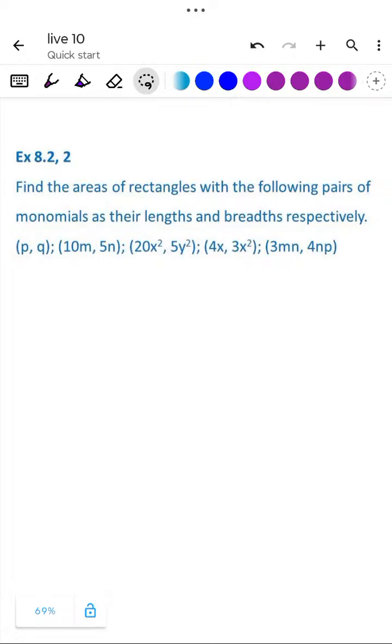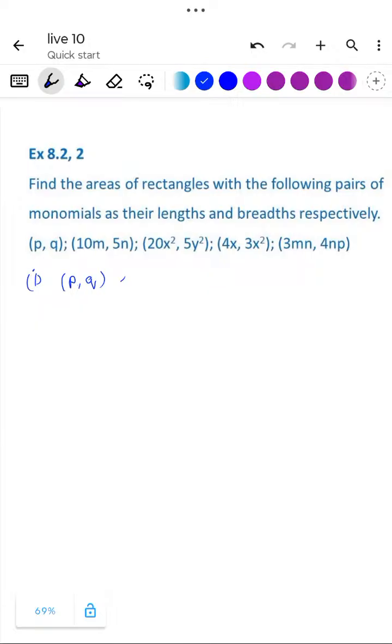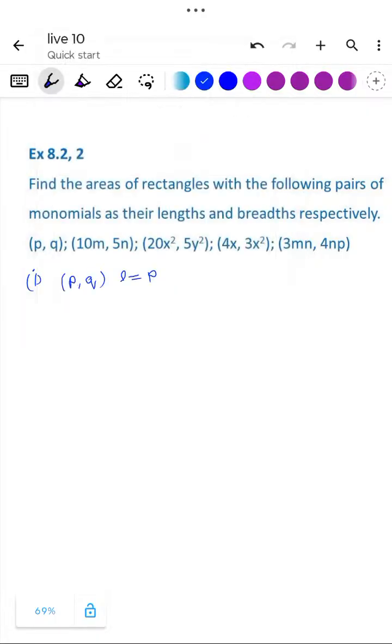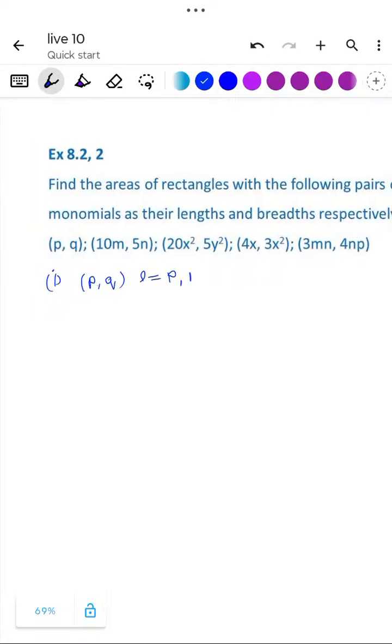So we have to find the area of each rectangle whose length and breadth are given. For the first part, this is given P and Q. It means L is equal to P and breadth, that is B, is equal to Q.